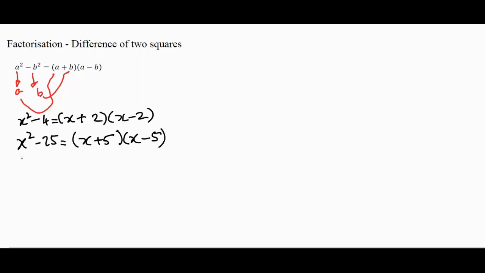Pretty simple. Now sometimes you may have a number that doesn't have a perfect square, like this here. It doesn't stop us from trying to factorize this. So as long as you have the x squared, that's going to be x squared minus 8, so it's going to be x plus square root 8 into x minus square root 8. Now you might argue, what if I had this as x only, say x minus 7 for the sake of argument.